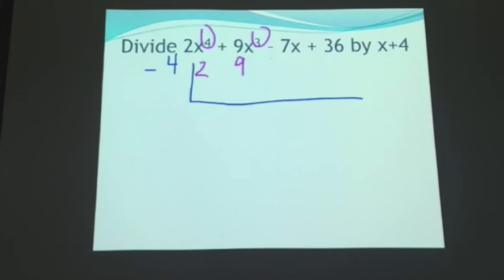A 0. Yep, because there's really a 0x squared in there. Then I can do my -7 and my 36. Because without that, we have totally skipped the x squared term, and my synthetic division is not going to come out properly. So that is the only tricky part to synthetic division.